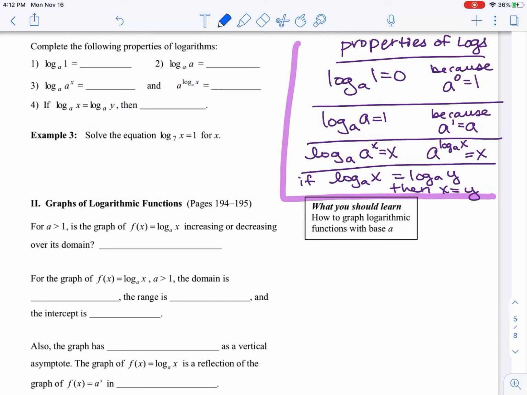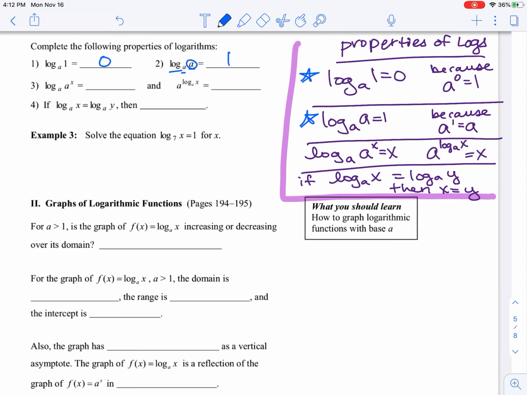So we know log base a of 1, that's this property right here, it's 0. Anytime you take the log of any base of 1, we know it's 0. Our next one, we know log base a of the matching value will cancel, and we get a 1 because a to the 1 is a.